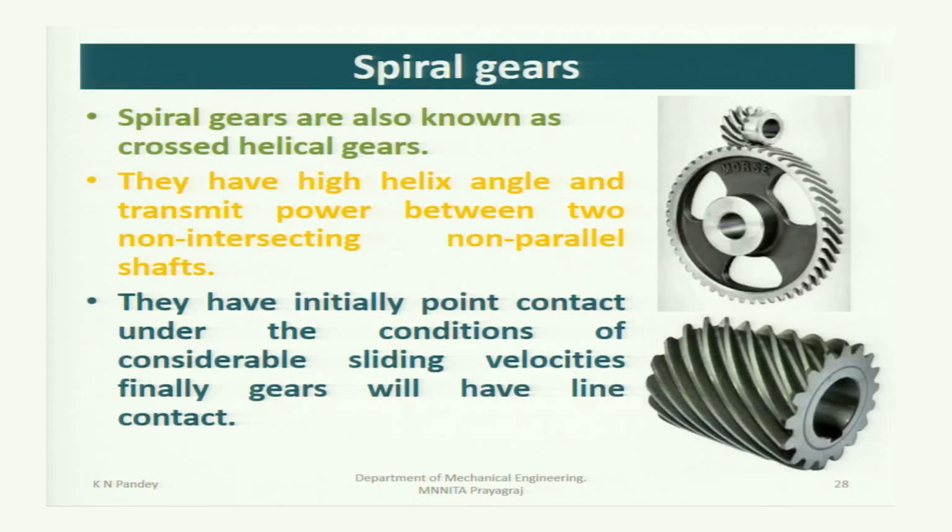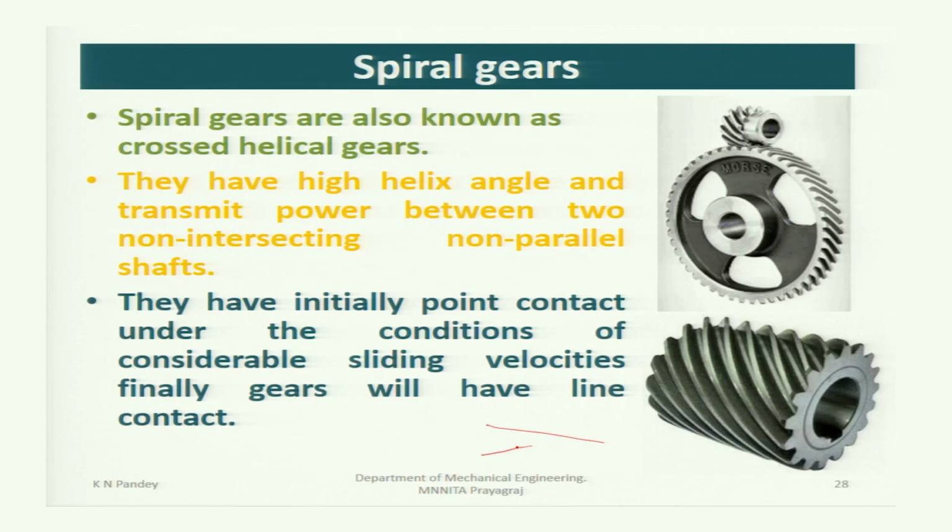Now, the spiral gears are also known as crossed helical gears. They have high helix angle and transmit power between two non-intersecting, non-parallel shafts. Now, in this case you see the application is for non-intersecting and non-parallel. That means the axes of the shafts are non-parallel and non-intersecting.